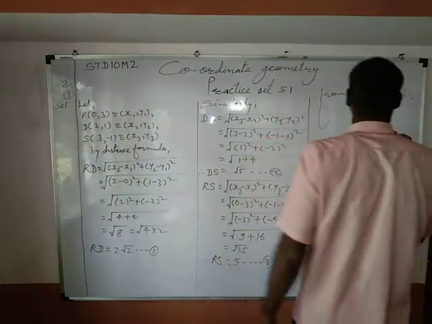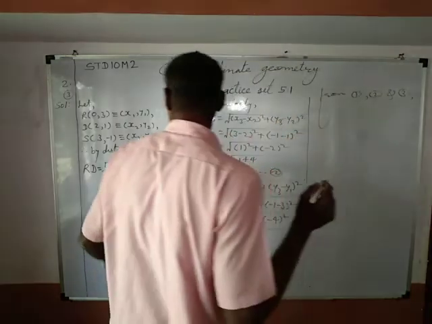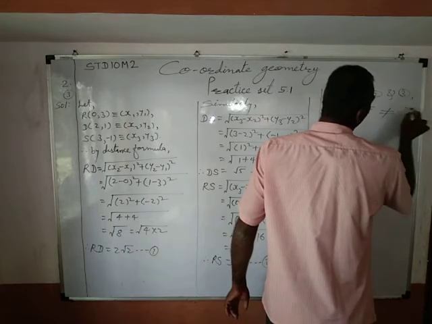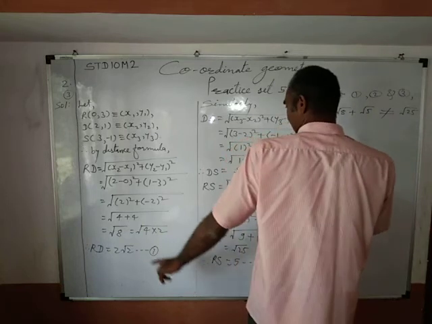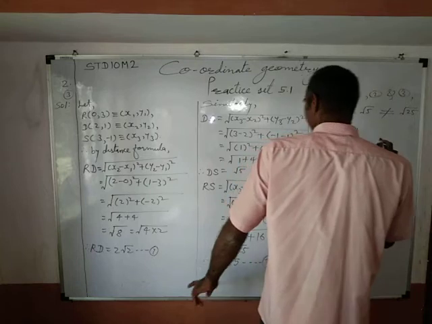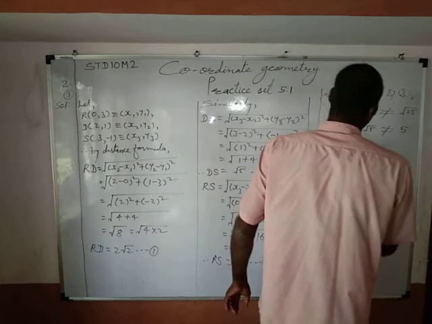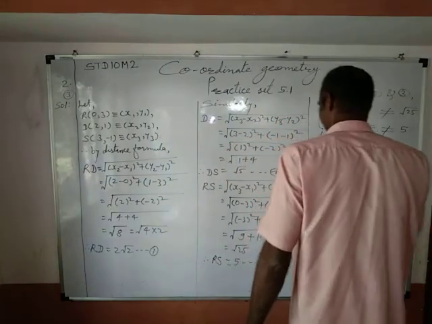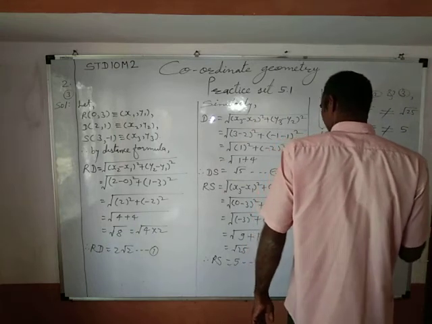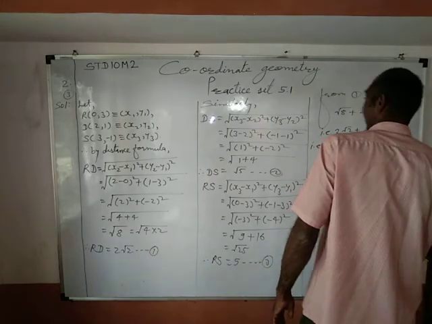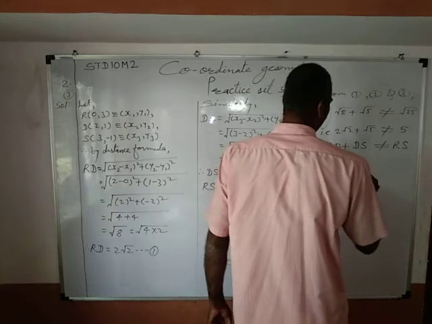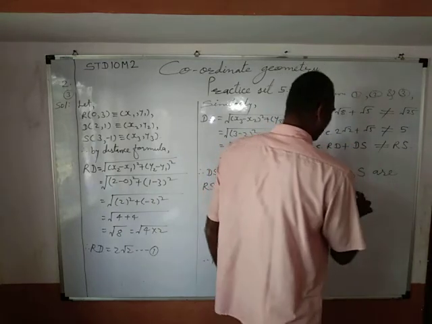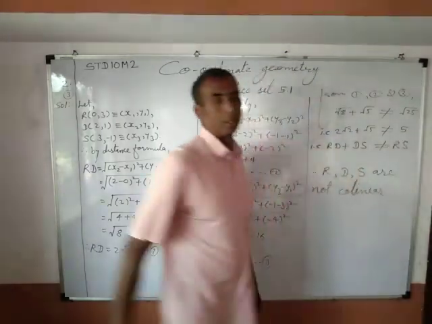That is 2 root 2 plus root 5 is not equal to 5, that is RD plus DS is not equal to RS. Therefore, R, D, S are not collinear.